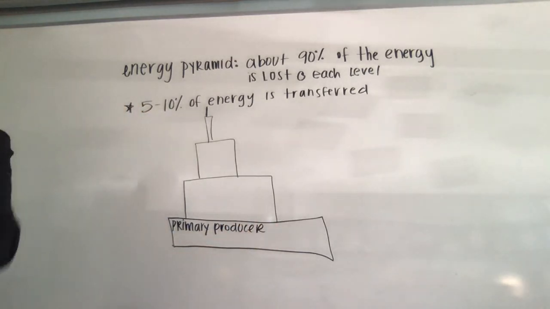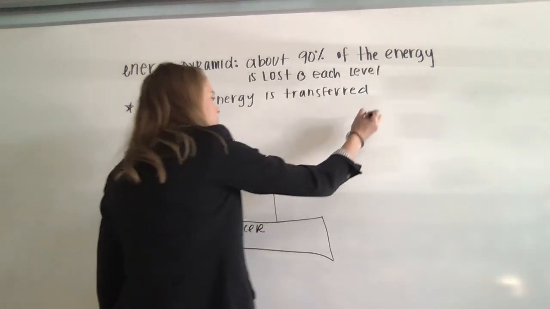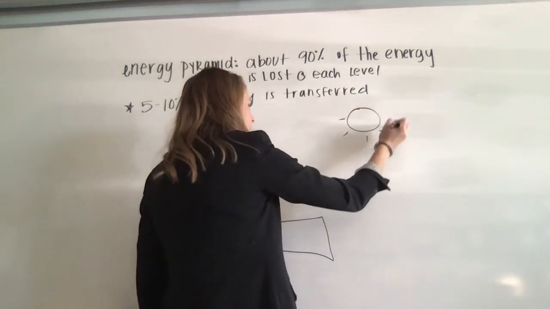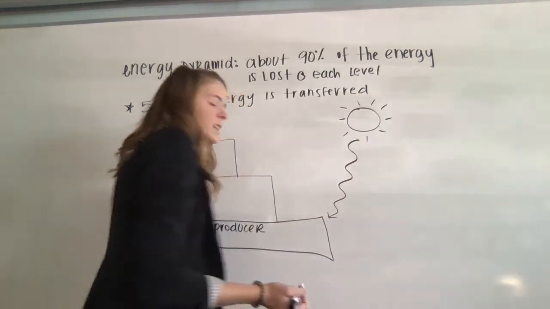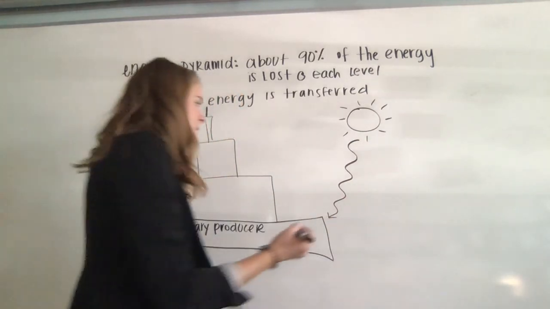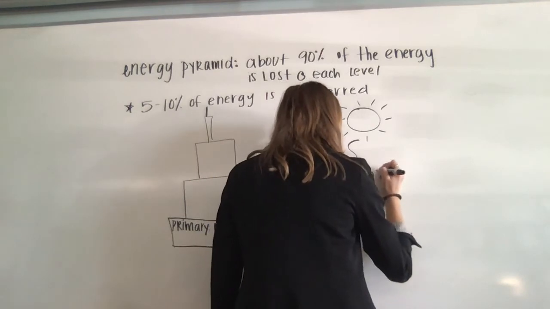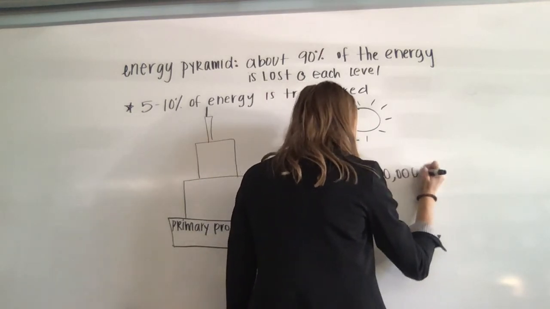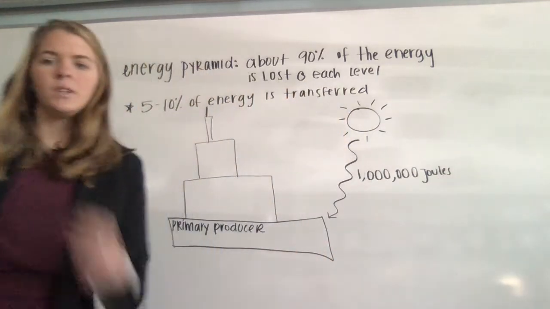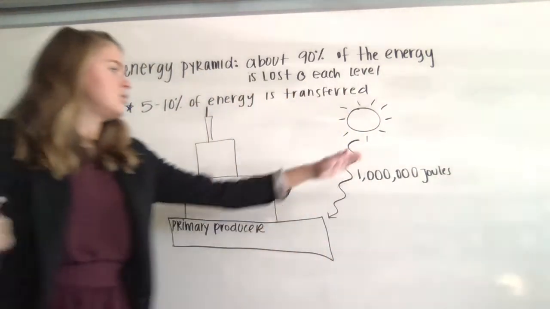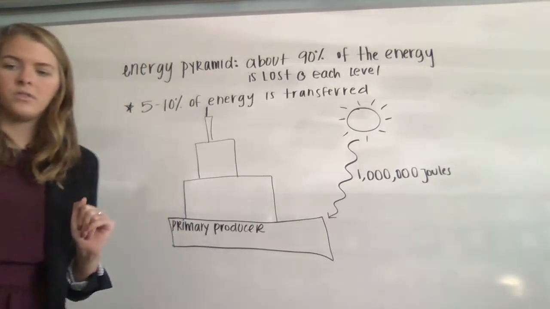They're our biggest area. And we know that our primary producers get their energy from the sun because they are autotrophs. So the sunlight energy comes in at 1 million joules. And joules are just a way to measure this energy. You don't really need to know what a joule is, just know that 1 million joules are coming into the primary producers.